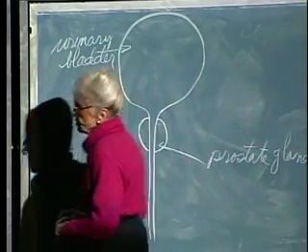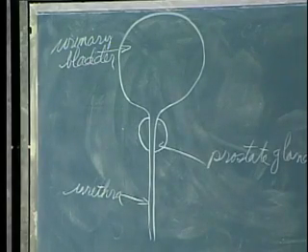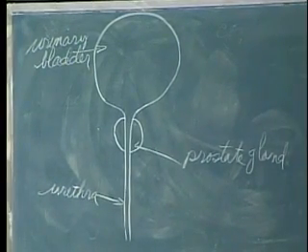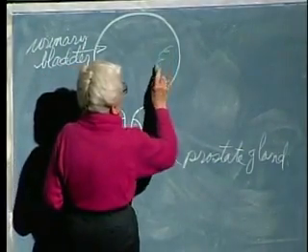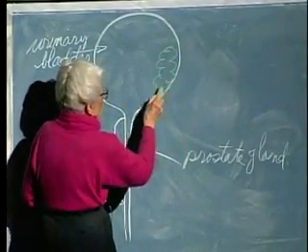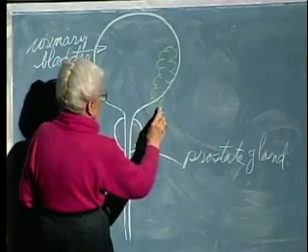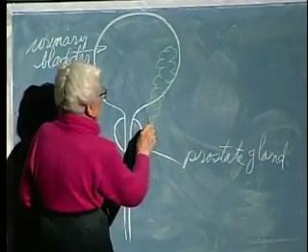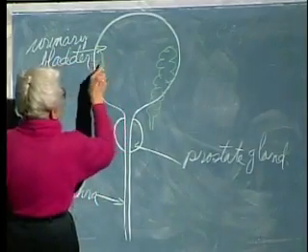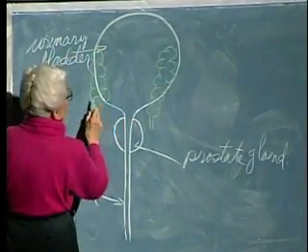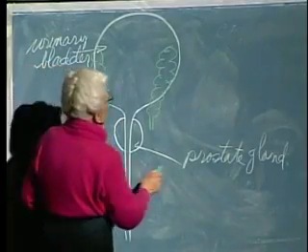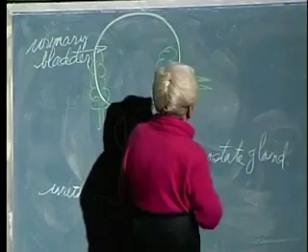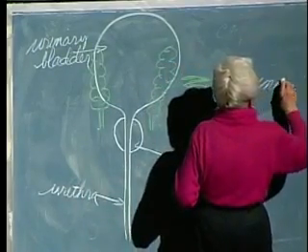Now, on the posterior surface of the urinary bladder are the seminal vesicles. And they sit like this. These represent seminal vesicles.